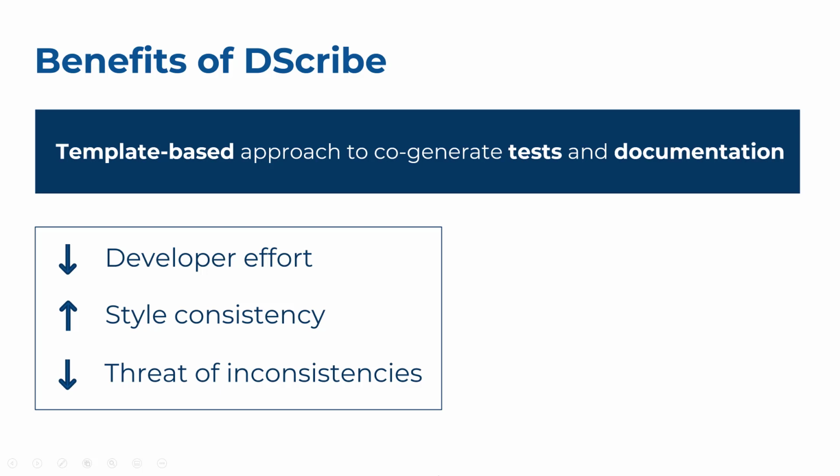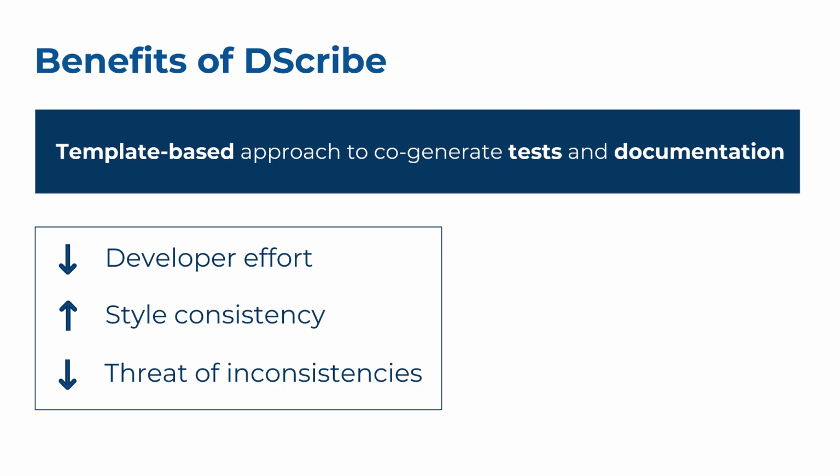To summarize, DScribe is a template-based approach to co-generate unit tests and documentation. DScribe offers developers many benefits. First, it reduces the amount of developer effort required to produce tests and documentation.